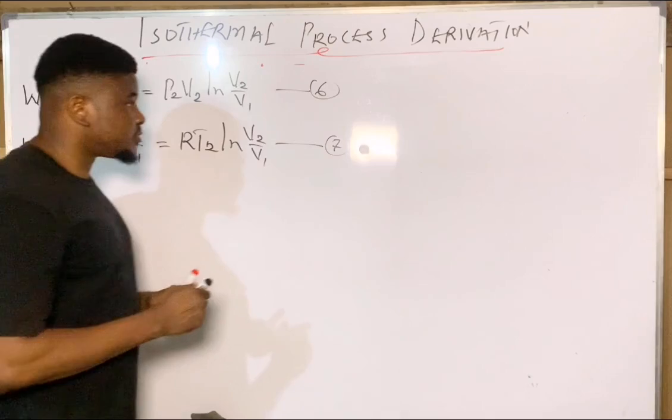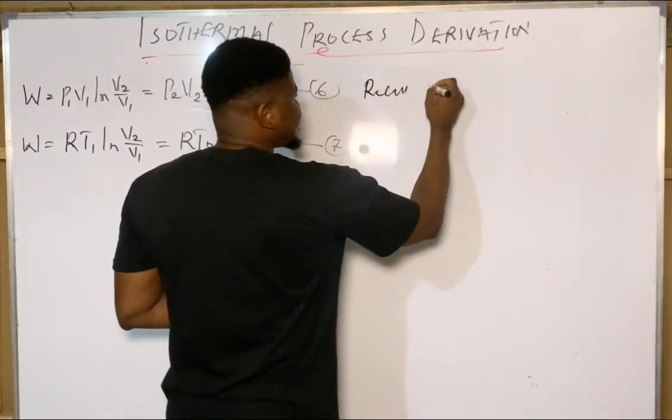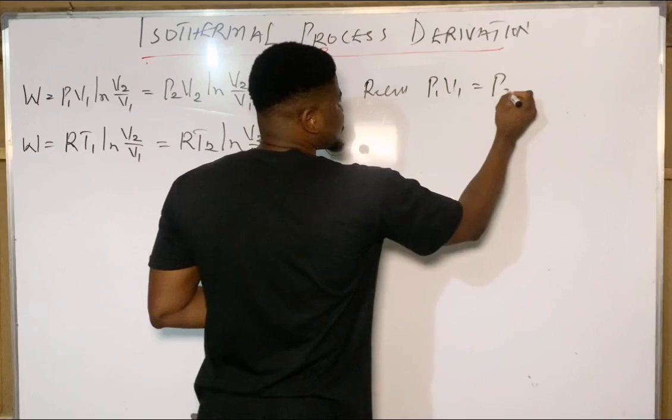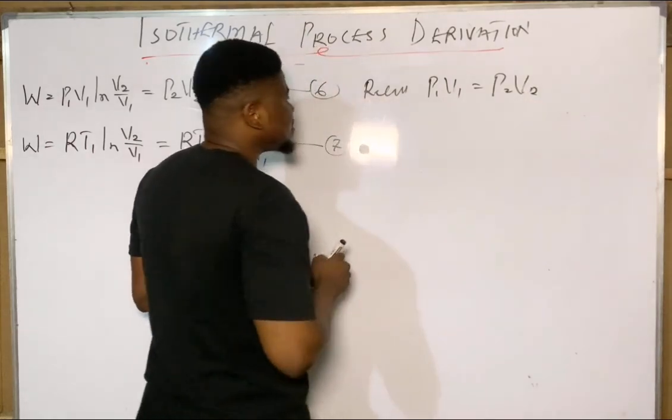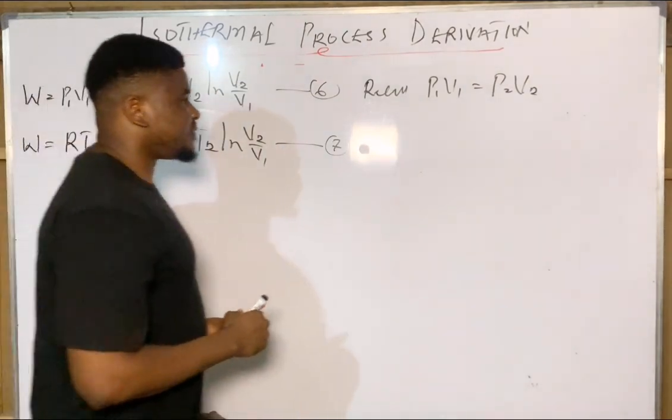One more thing, you recall we said earlier that from the equation of state, we had that P1 V1 equals P2 V2. So from here, we can actually find this ratio V2 all over V1.